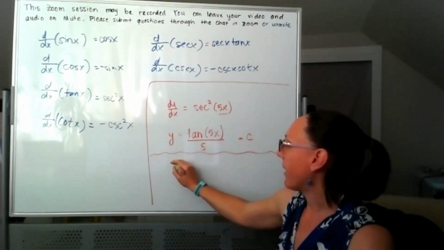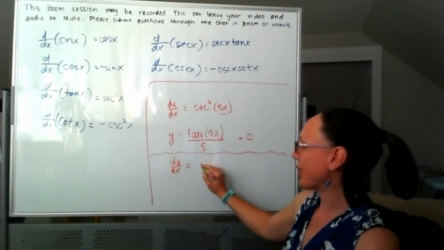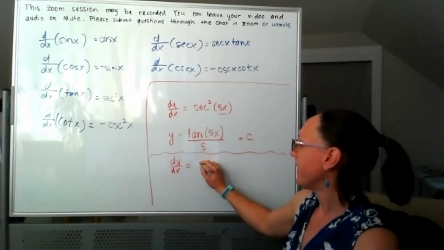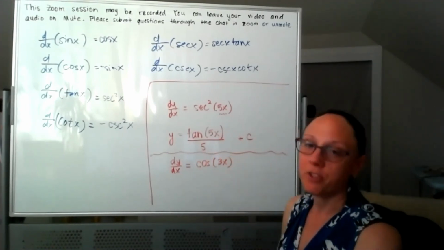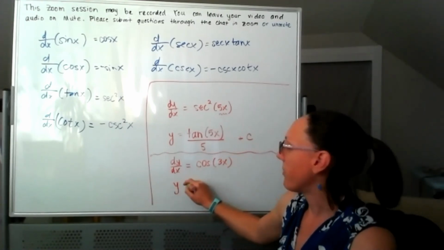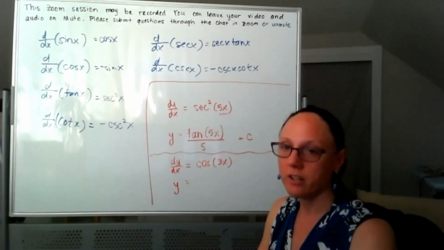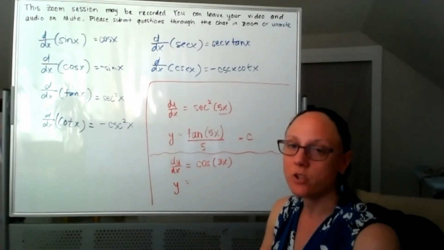Similarly, if I had that dy/dx was equal to, let's say, cosine of 3x, then when I take the antiderivative, I'm thinking about which function has a derivative of cosine.